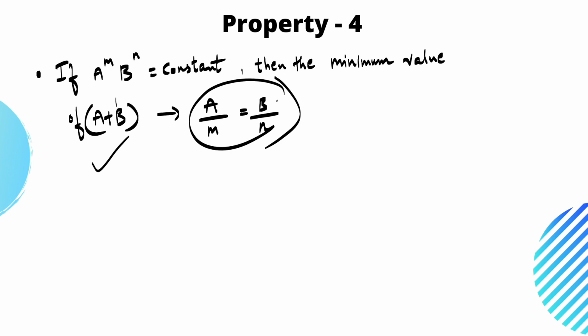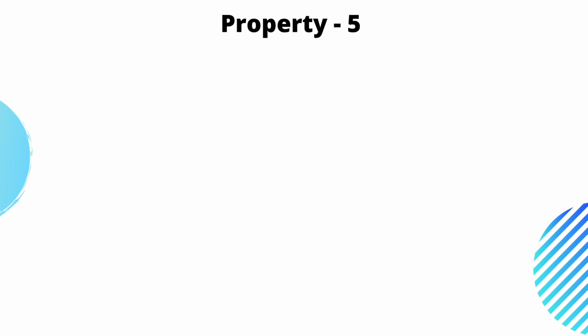We can apply this as we applied the previous properties, but first let us look into the other properties as well, and then we will apply these properties one by one.